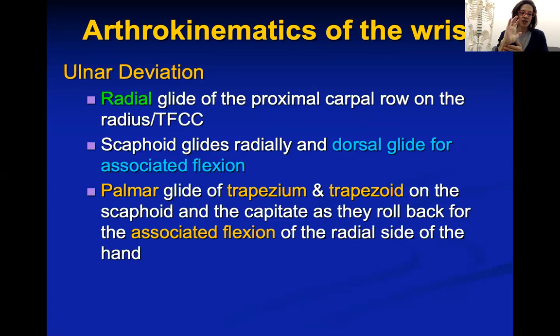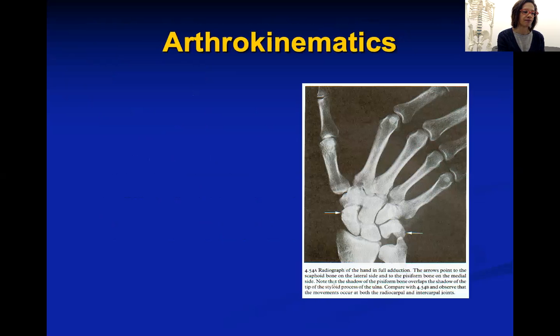So radial deviation is extension and some fanning, which is why, when I said you look at the longitudinal rows, if you do an extension, the trapezoid and the scaphoid will roll backwards over the capitate. But if we do ulnar deviation, which is flexion, then the trapezoid will also go palmarly relative to the capitate to facilitate folding, and the trapezium and trapezoid go palmarly on the scaphoid to facilitate the flexion component in ulnar deviation.